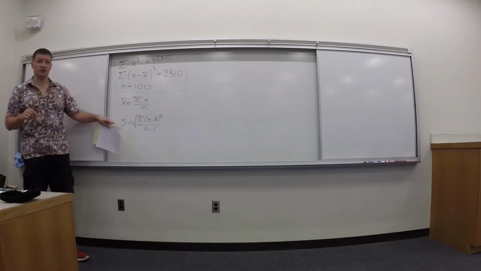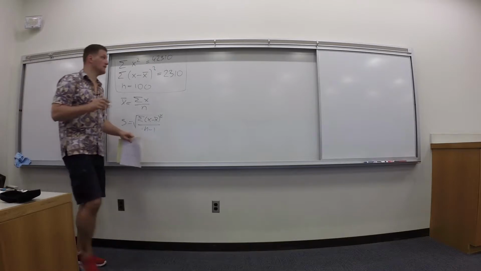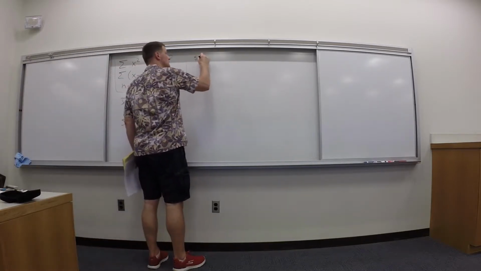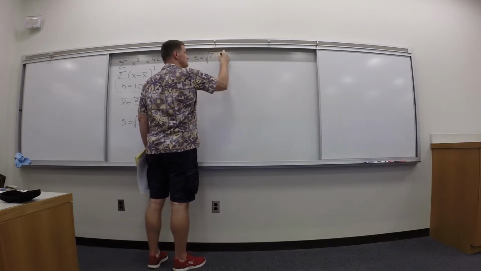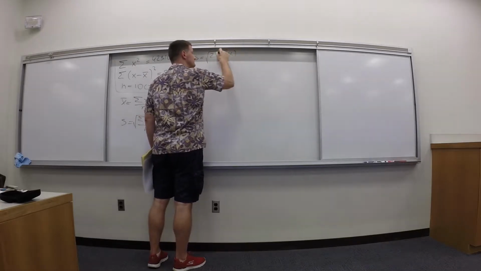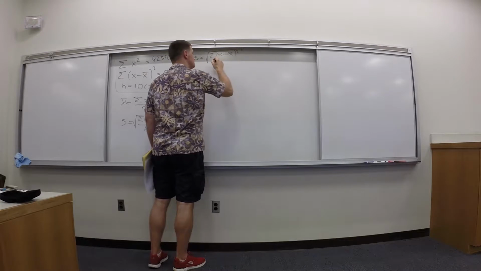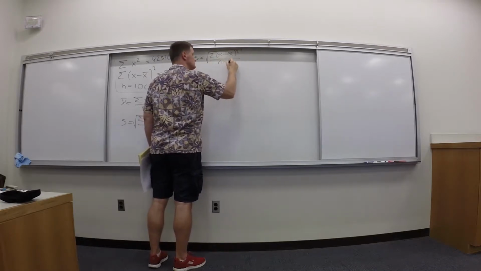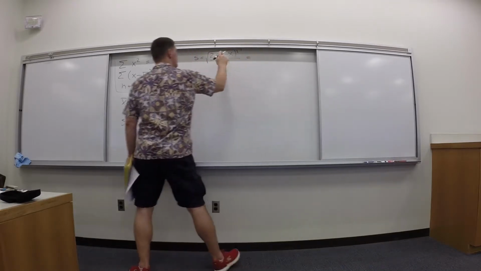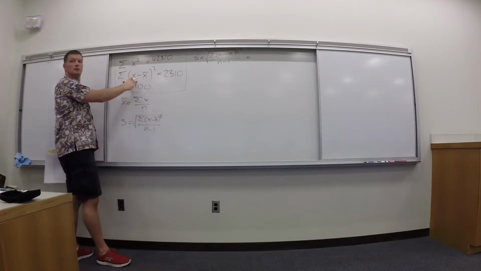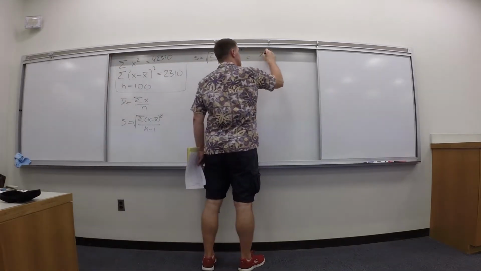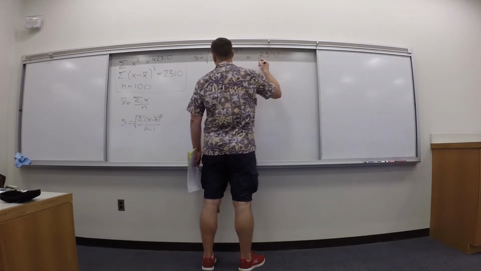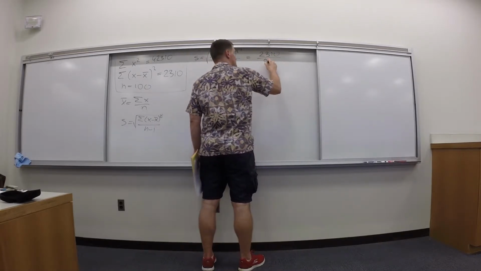Let's solve for s first. If I solve for s, what do I use? Well, we have this number right here. So that's the square root of 2310 divided by n minus 1, that's 99.